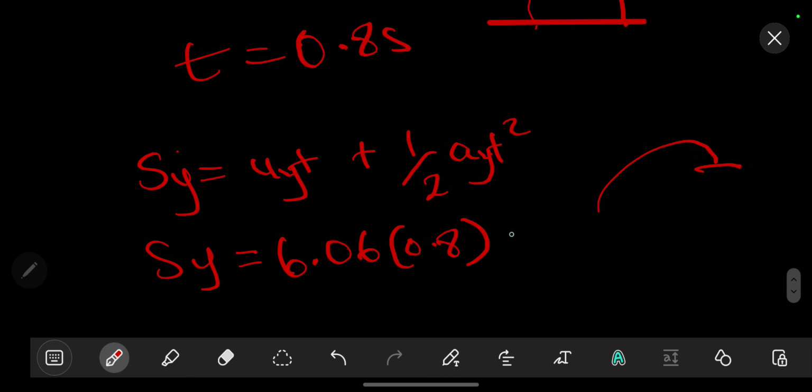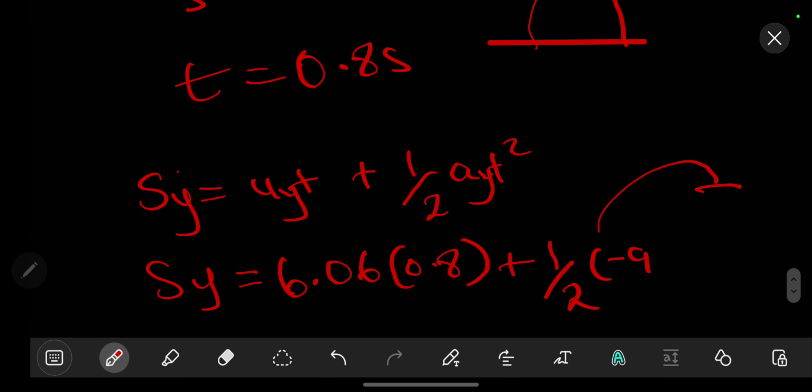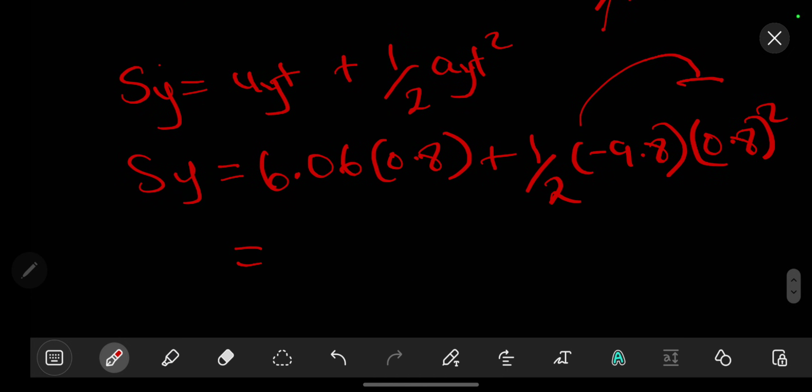Then we have plus half, and our a is equal to negative 9.8. It was thrown up, meaning gravity will be acting down. Then we have times our time, 0.8, squared. So we have 6.06 multiplied by 0.8, which gives us 4.08.